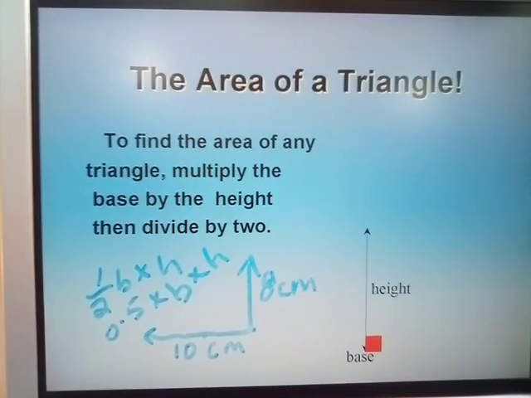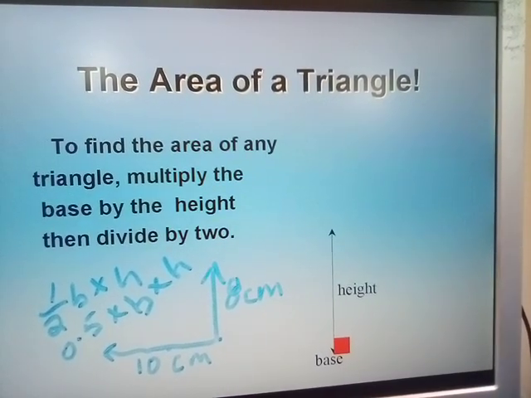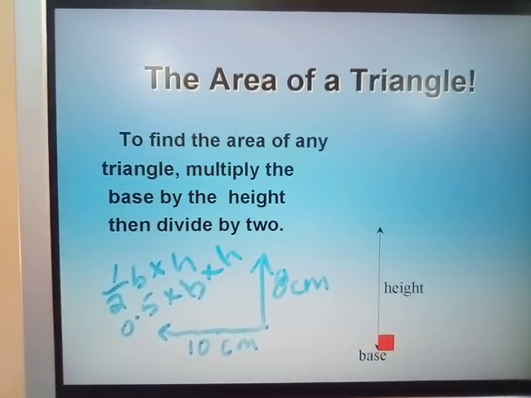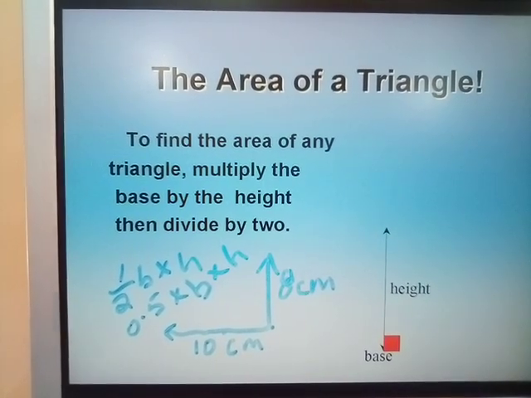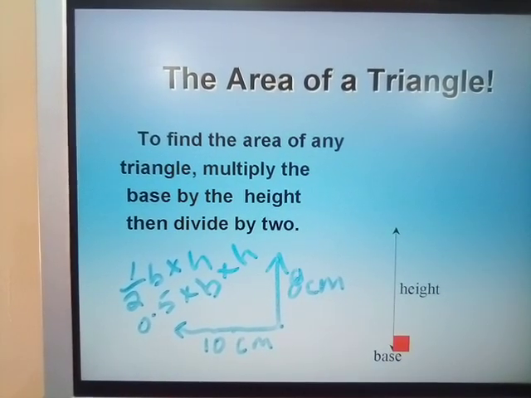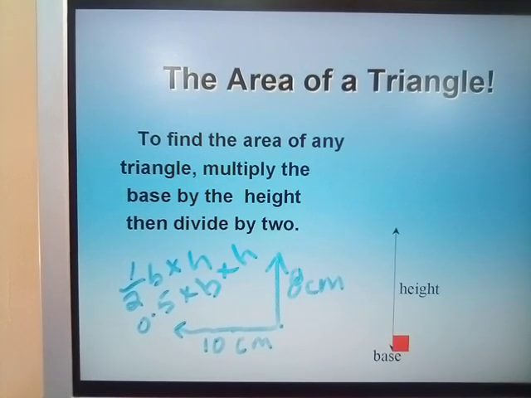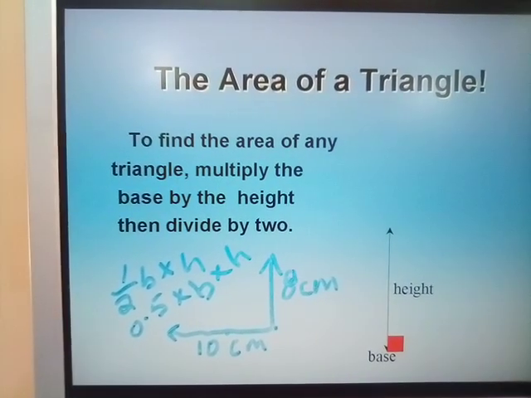Let me get my calculator out myself, okay? So in this case you're looking at 0.5 times the base, which is half the base, which is 5, times 5 times 8 equals 20 square centimeters, okay?